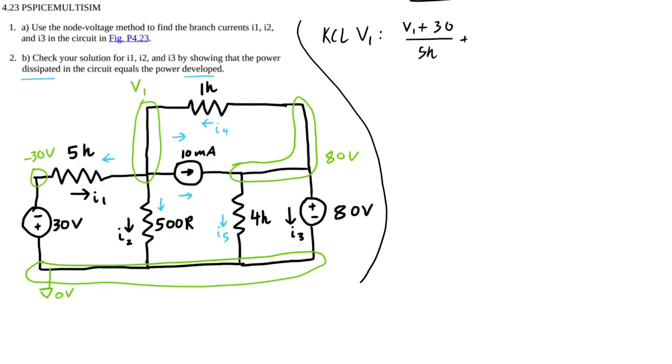Either way it'll work. Just make sure you remember that this is actually 5,000. And then V1 minus 0 over half a K, so 500. Then V1 minus 80 over 1K plus 10 milliamps leaving, all equals 0.